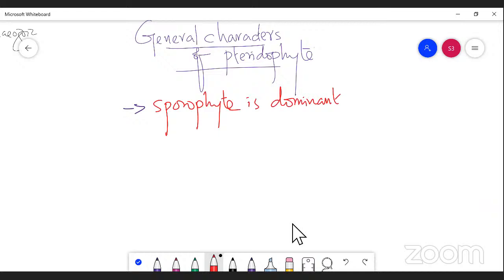There are two phases taking place: one is the sporophytic phase, and another is the gametophytic phase, among which the sporophyte is the dominant one because this is a 2n stage, right?